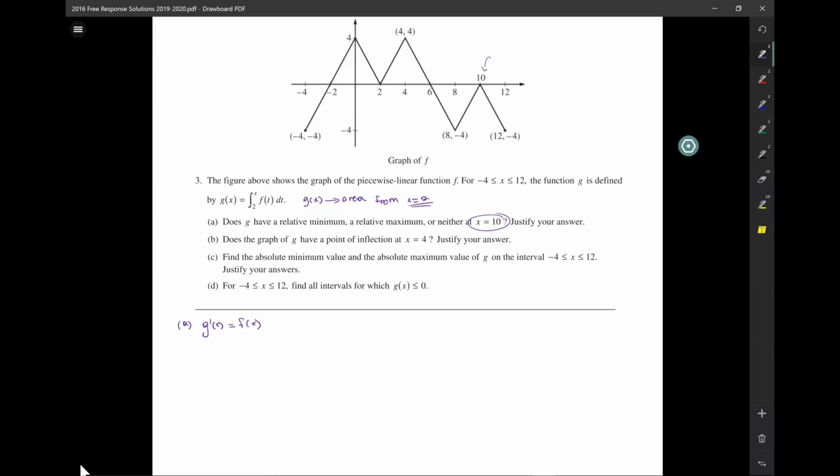So g prime, right? When do we have a minimum or a maximum? When g prime goes between positive and negative, or negative and positive. But look at g prime at 10. It's negative before, it's negative after.